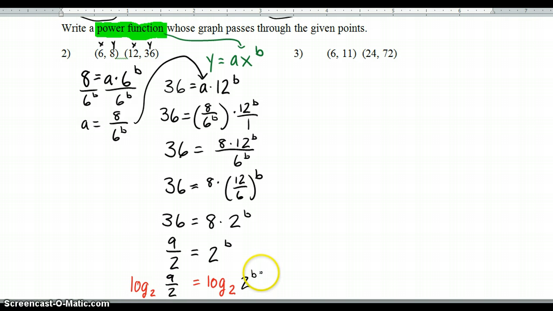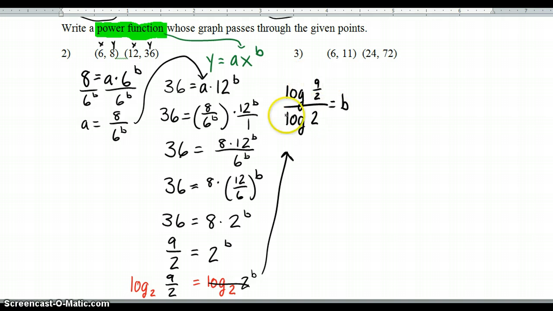Let me just swing this up here so we can keep writing. On the left side, I'm going to rewrite that so that I can use my change of base formula to type it in my calculator. So that means I would have the log of 9/2 divided by the log of 2. And over here, log base 2 of 2 to the b, those are just going to cancel out. We're just left with b.